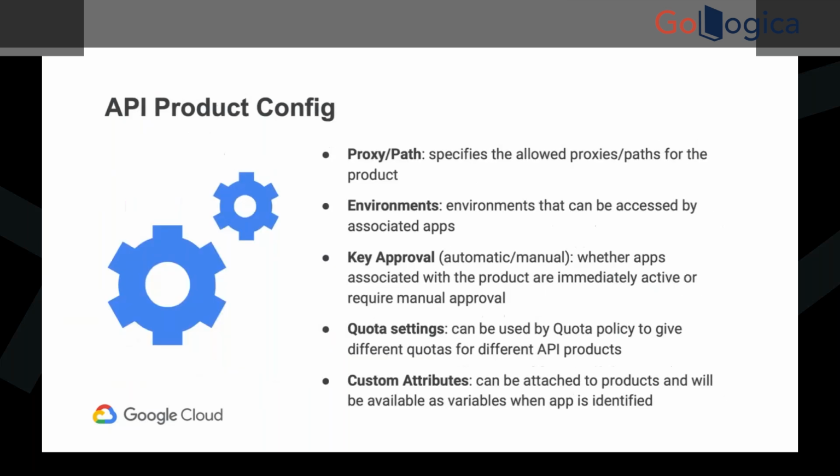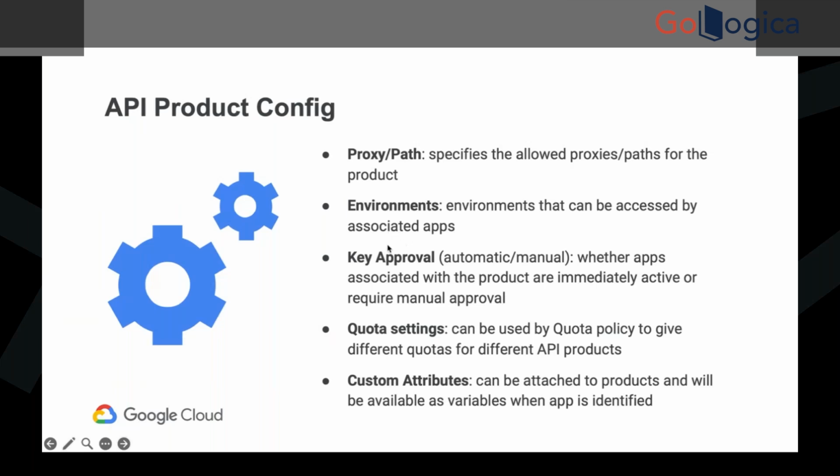So what exactly do we have in the API product config? In the API product configuration, we have things like proxy and path, where you can give the proxy name, and inside the proxy, whether you want to give any paths or not. Then the environments you want to create the product for.